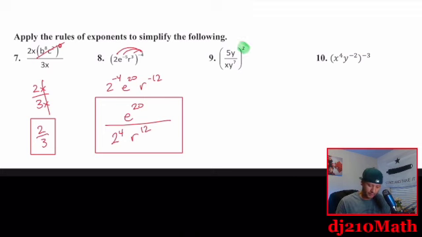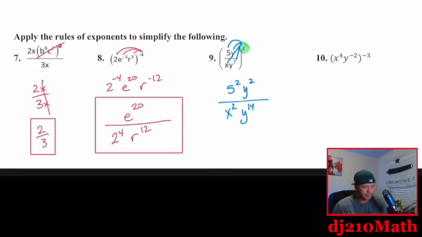Okay, number 9. This exponent has to distribute, not necessarily distribute, but it has to apply, right? It has to apply to everything inside. So this is 5 squared y squared over x squared y 14. I mean, technically we could have canceled out the y's in the beginning, but you know, whatever.